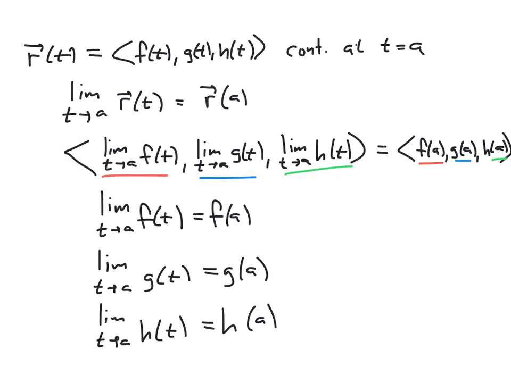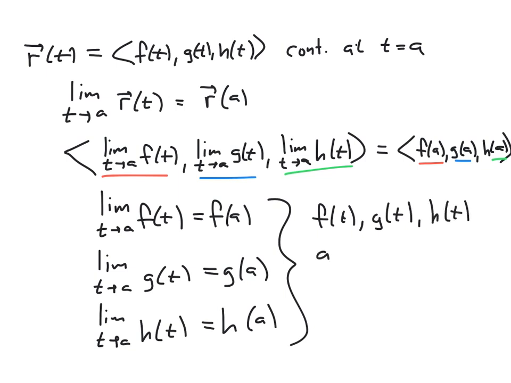And so if all three of these limits hold, then what this is saying is that f of t, g of t, and h of t are all continuous at t equals a.